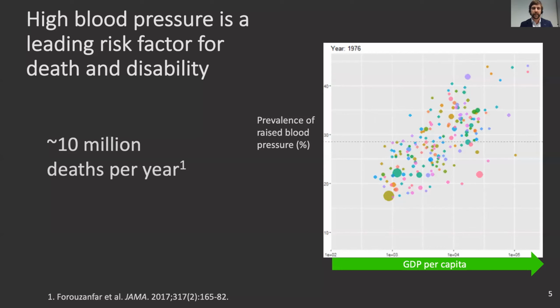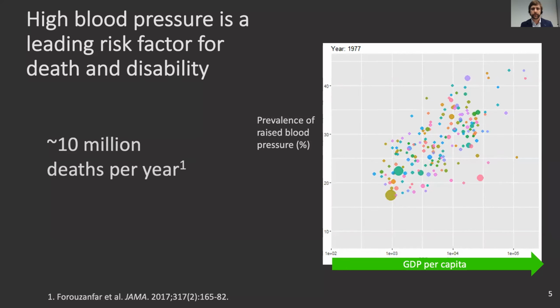Each of these dots represents a country, and the size of the dot is simply the population of that country. So what you can see is in the year 1976, the prevalence of raised blood pressure was very much higher in high income countries. But if we start the video, if you just click the slide, please.